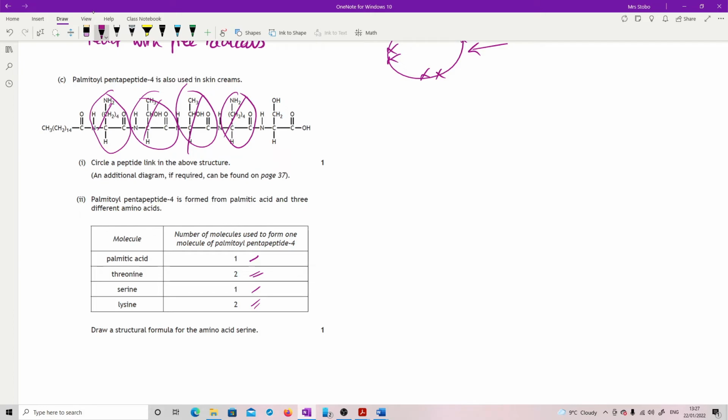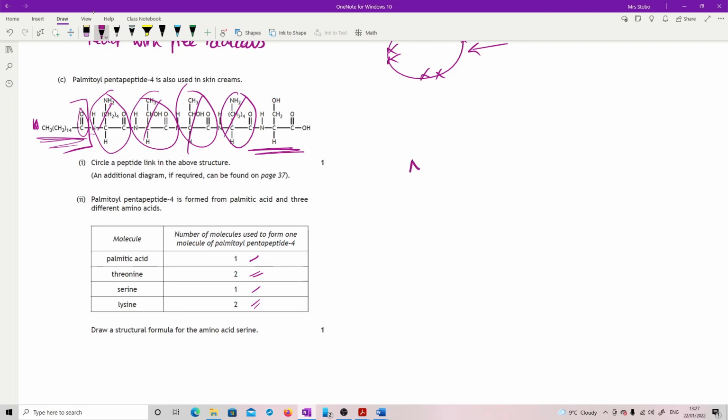So this must be our serine, and this is our palmitic acid, because that's our C double bond O bond coming in here, and it doesn't have an amine group at the end. So this is not an amino acid. It's just the acid. So that one is our palmitic acid, and here is our serine.